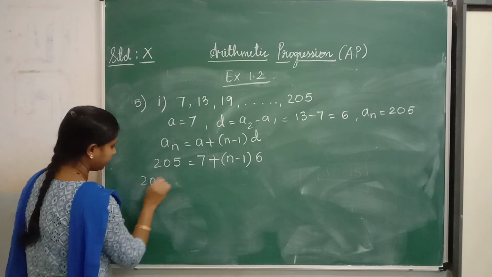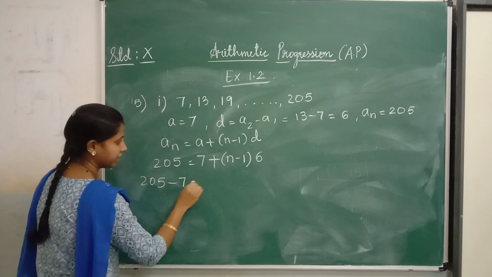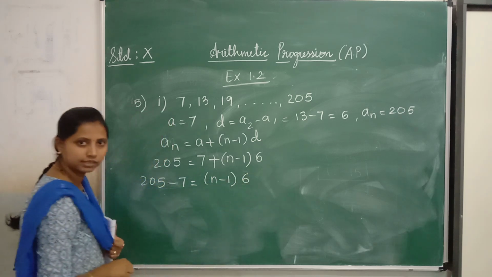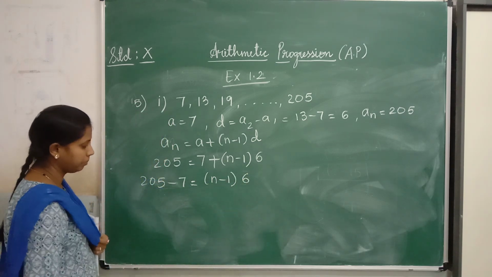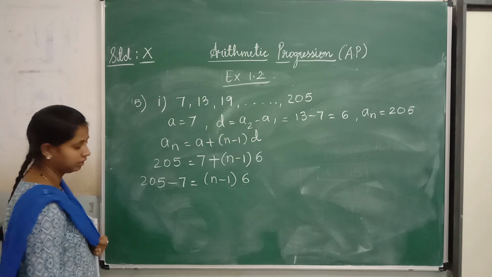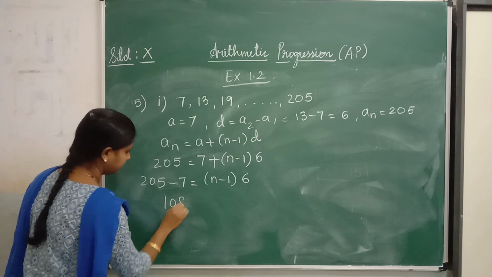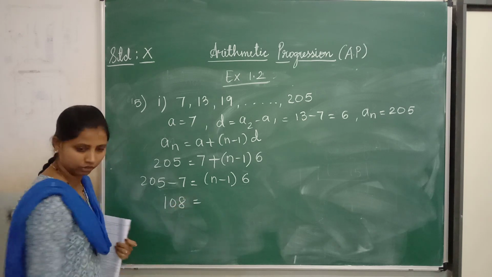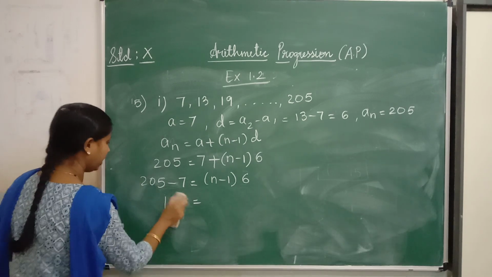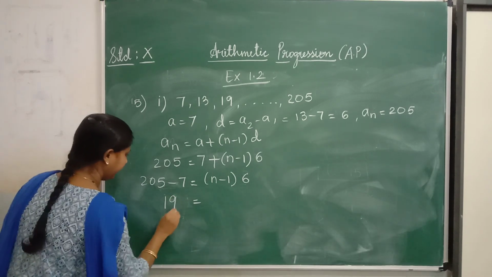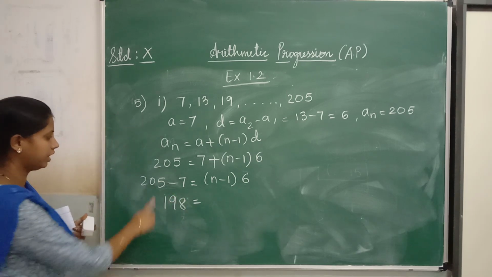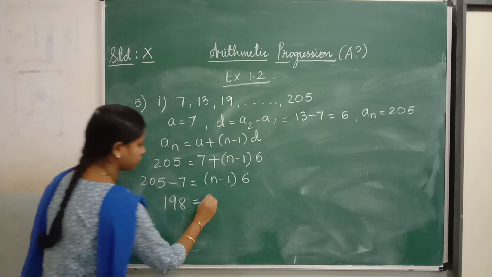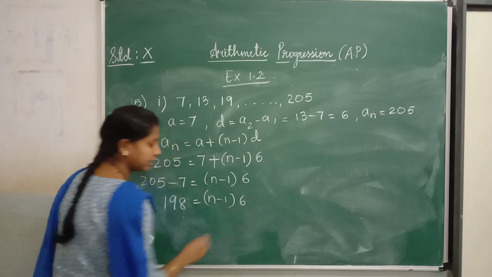So 205 minus 7 equals n minus 1 into 6. 205 minus 7, what will you get? You will get 198. Yes, 205 minus 7 is 198 equals n minus 1 into 6.